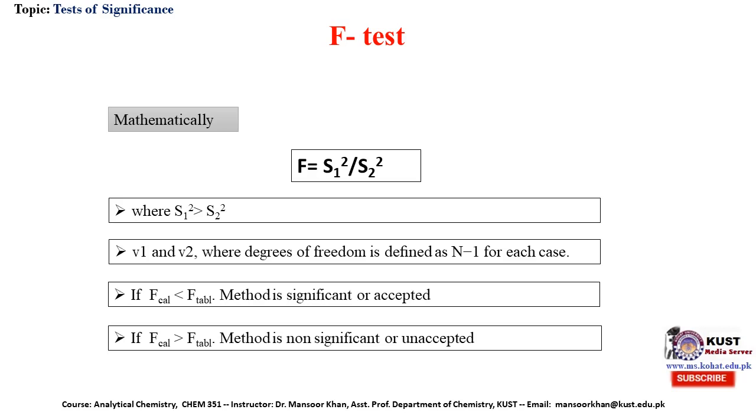It means that your method is less precise as compared to the accepted or standard method. But if F calculated is less than F tabulated, then the precision of your method is greater as compared to the already published method.